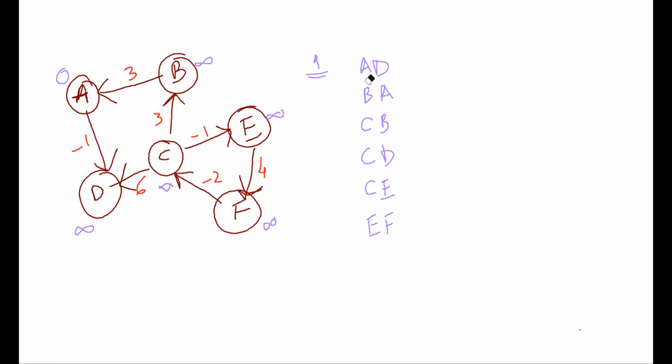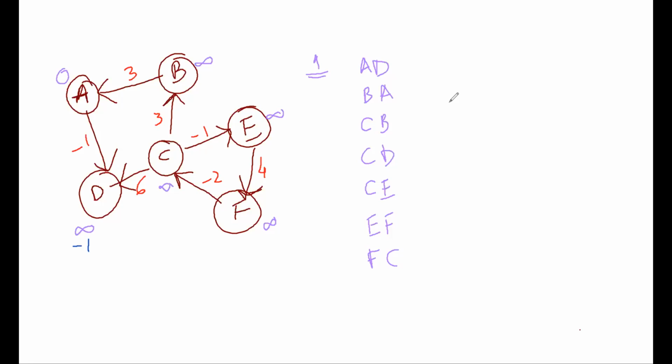F to C, so let's take A to D. Distance of A is 0, distance of D is infinity. Taking this path from A to D, you are getting a distance of 0 minus 1. So this gets updated to minus 1.